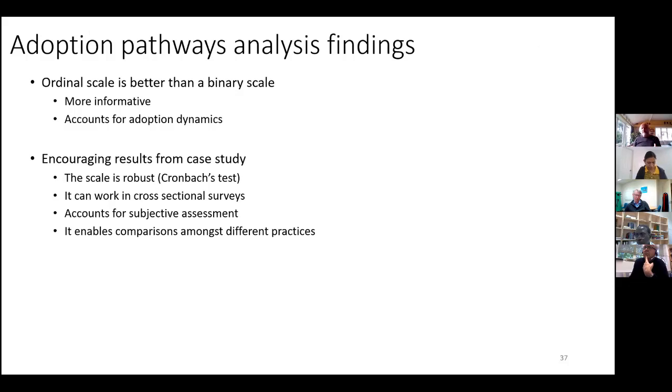As I said, it's not perfect, but at least it is robust. I used the Cronbach test to test the validity of the scale, and it seems to be fine. And it can actually work, as I said, in cross-sectional surveys, which again is our main tool.